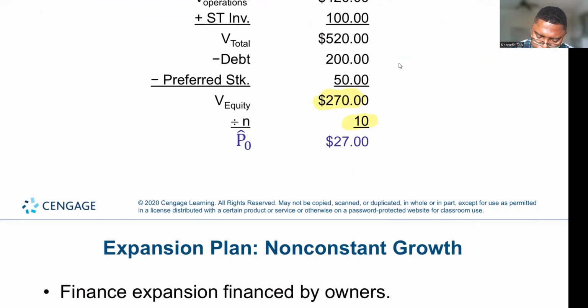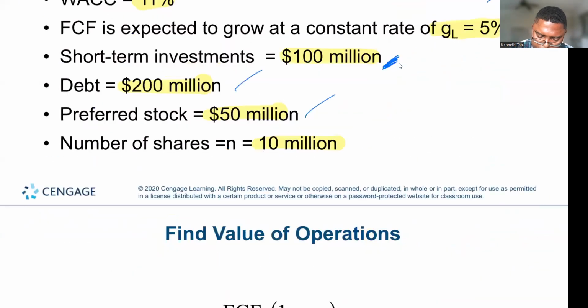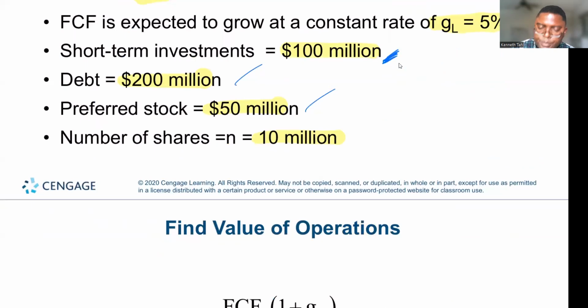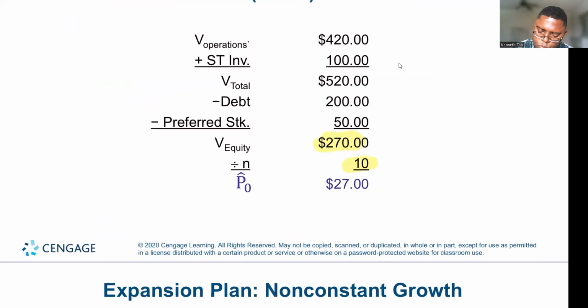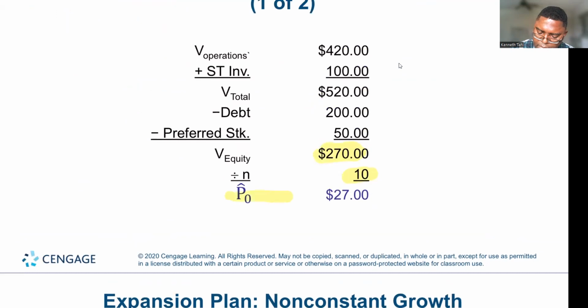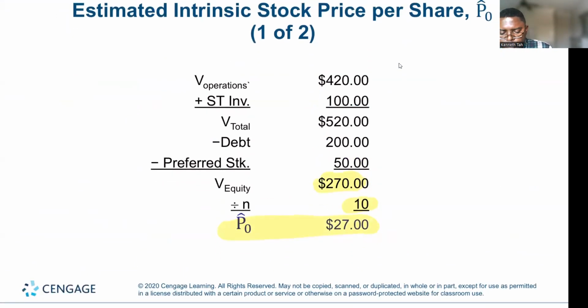So we go back to the problem. Number of shares outstanding, sorry, is 10 million. So we divide this 270 million by 10, and we have the price, which is going to be 27.